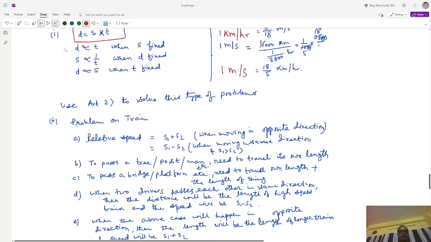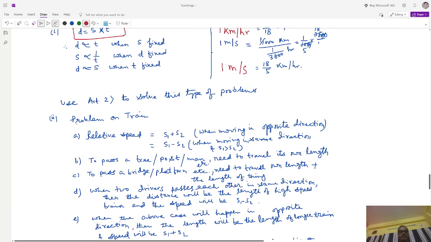Now we come to problems on trains. If two trains run in opposite directions, then the speeds of the two trains will be added. If the speeds of the two trains are S1 and S2 respectively, then the relative speed will be S1 plus S2.